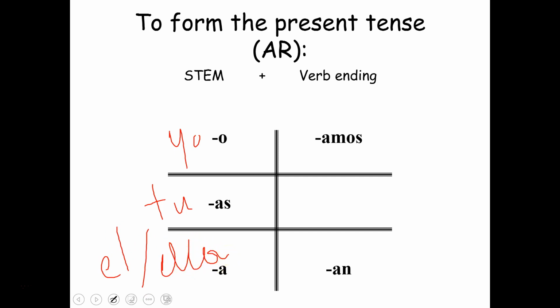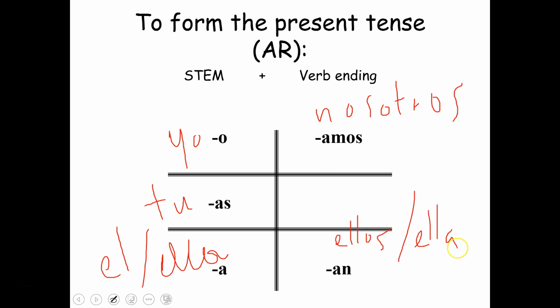Él, ella, nosotros. Ellos slash ellas slash ustedes. Alright, those are the endings for these pronouns, okay?